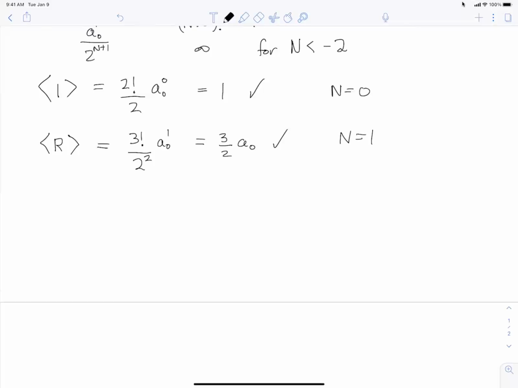And now we can plug in other values of n. Here's one we're going to need later today, in fact, very soon. And that's what if n is minus 1? We're computing the expectation value of 1 over the radial coordinate. So our formula says that's 1 factorial over 2 to the 0 times 1 over the Bohr radius, which is just 1 over the Bohr radius.